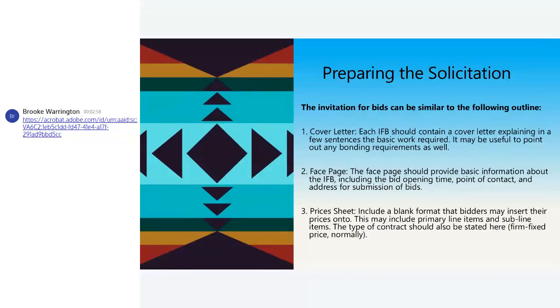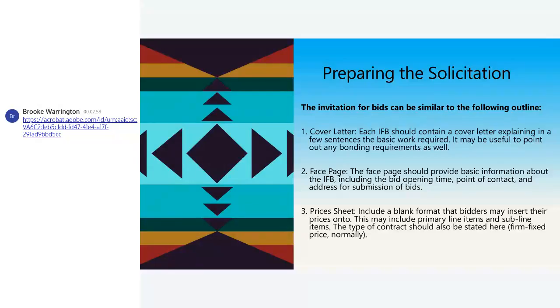Your invitation for bids can be similar to what I am going to outline. A cover letter containing, in a few sentences, the basic work that is going to be required.